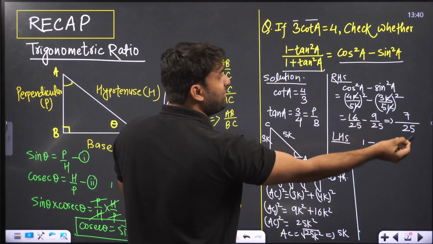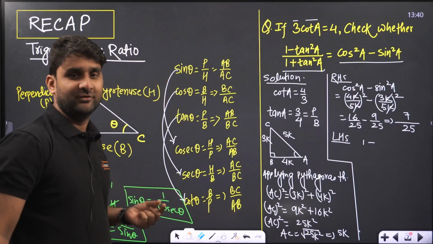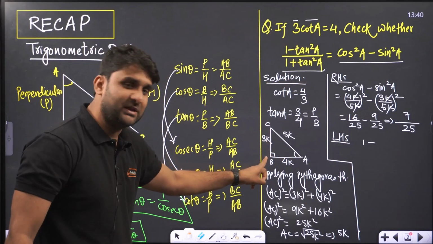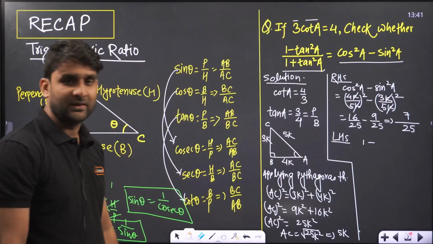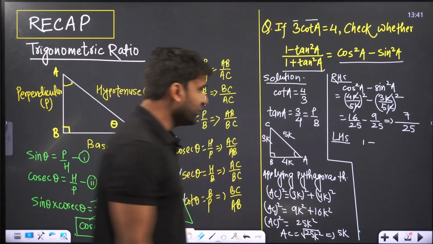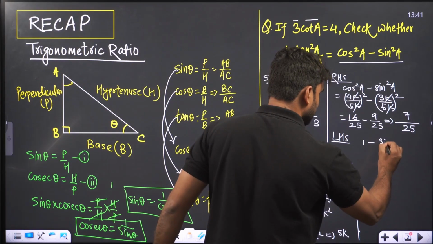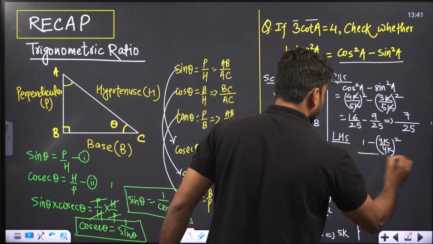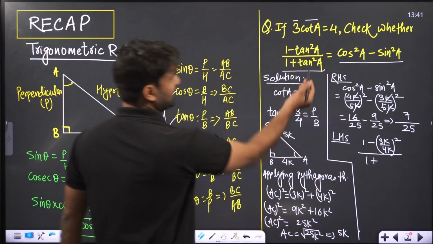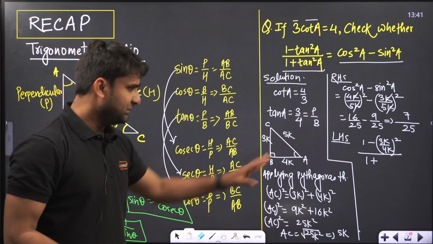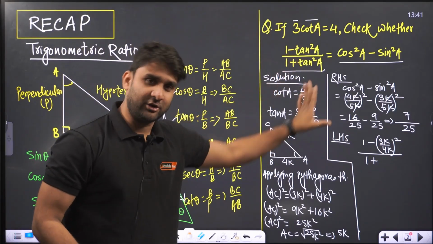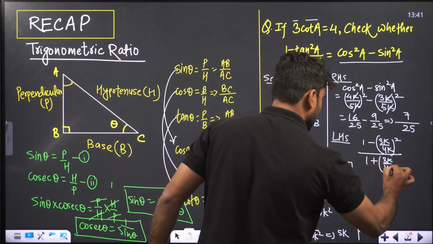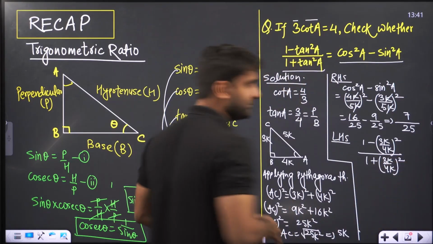So we are dealing with tan A. For angle A, perpendicular is this and base is this. Clear everyone? 3k by 4k. So 1 minus 3k by 4k whole square, divided by 1 plus tan square A. Only the difference is plus and minus. The trigonometric function is the same, so this is 3k by 4k whole square.